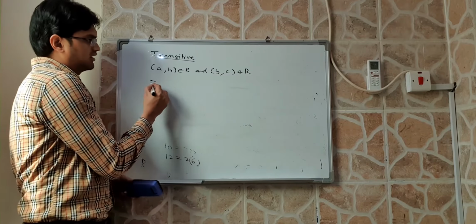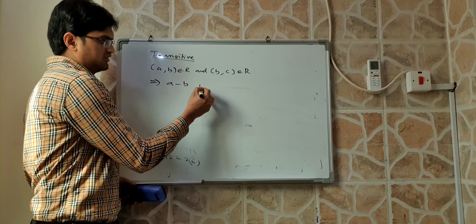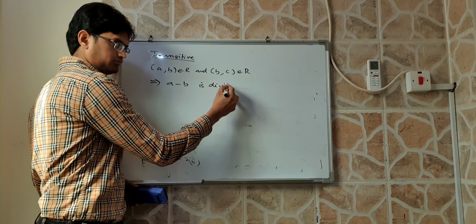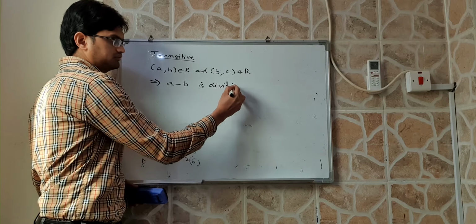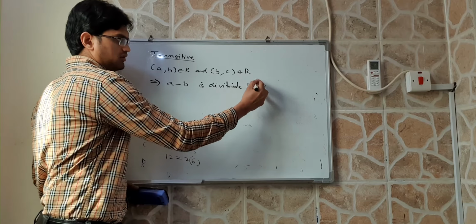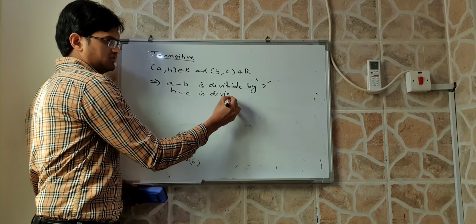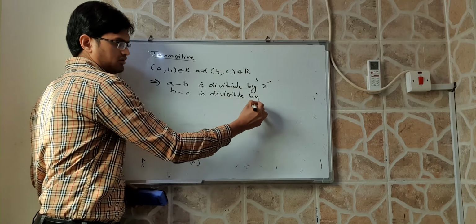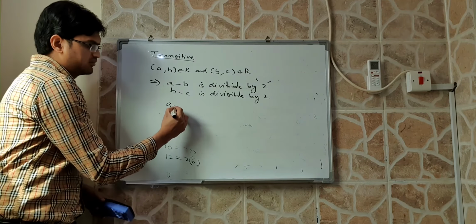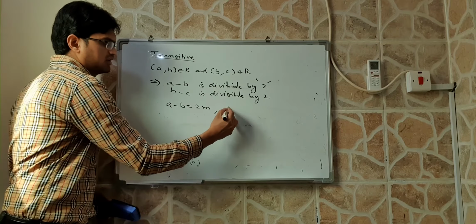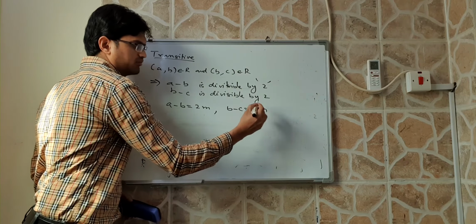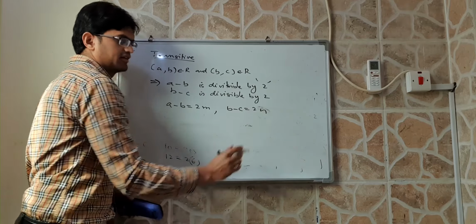It means a minus b is divisible by 2. Also b minus c is divisible by 2. Therefore, a minus b is equal to 2m, b minus c is equal to 2n, let us say.